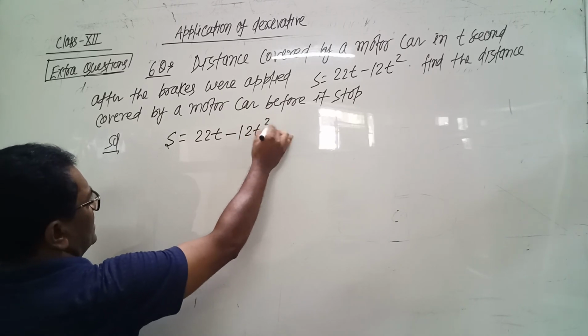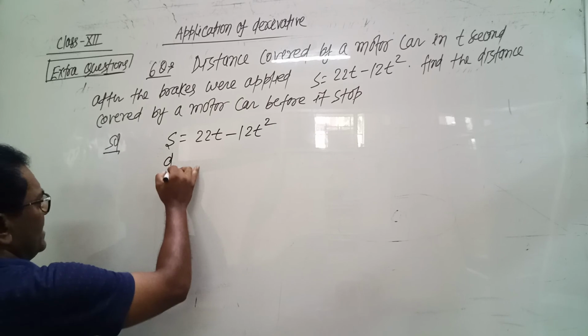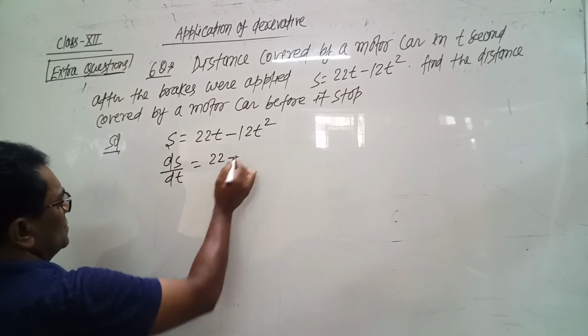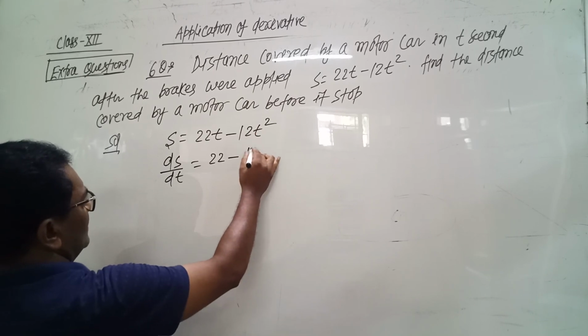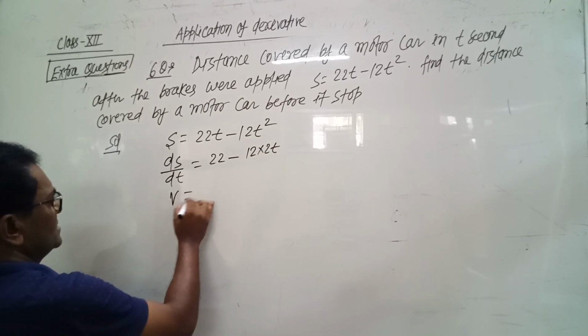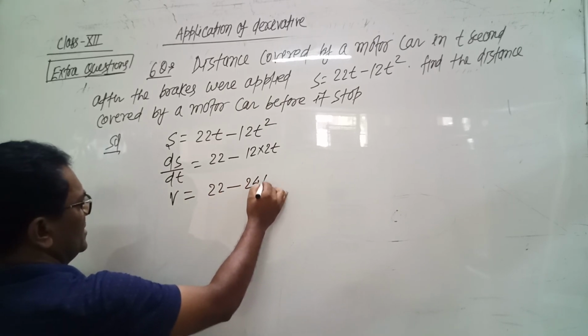22t minus 12t square. Differentiate both sides with respect to time. ds by dt equals 22 minus 12 into 2t, and ds by dt is velocity. So 22 minus 24t.